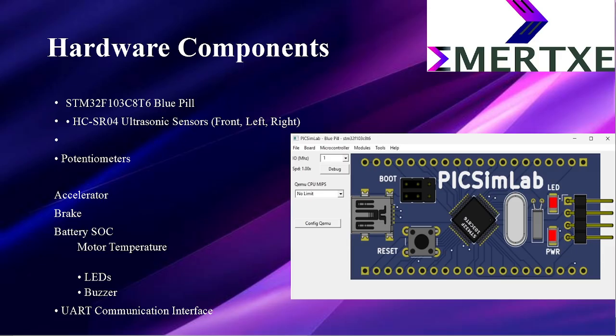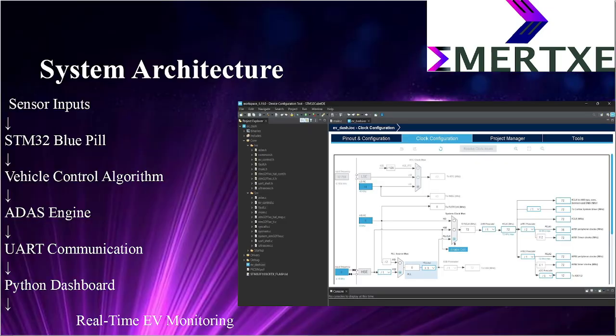Potentiometers are also used to simulate the accelerator input, brake input, battery state of charge, and motor temperature. LEDs and a buzzer are also included to provide warning indications whenever any unsafe condition is detected. Let's go on to the system architecture.